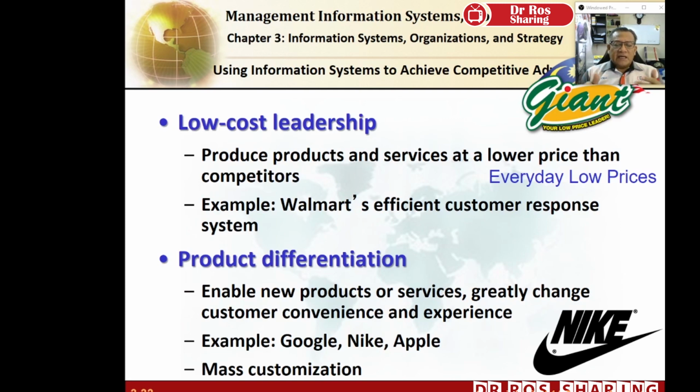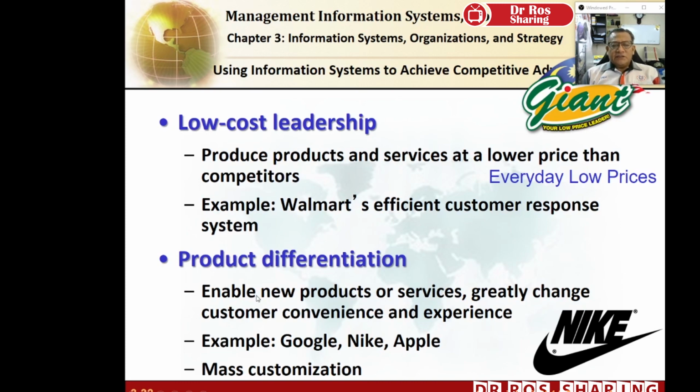By ordering in large volume, the cost per unit that can be sold to the customer will be lowered, and that needs an efficient IT system, fast IT processing, in order to maintain this low cost leadership.